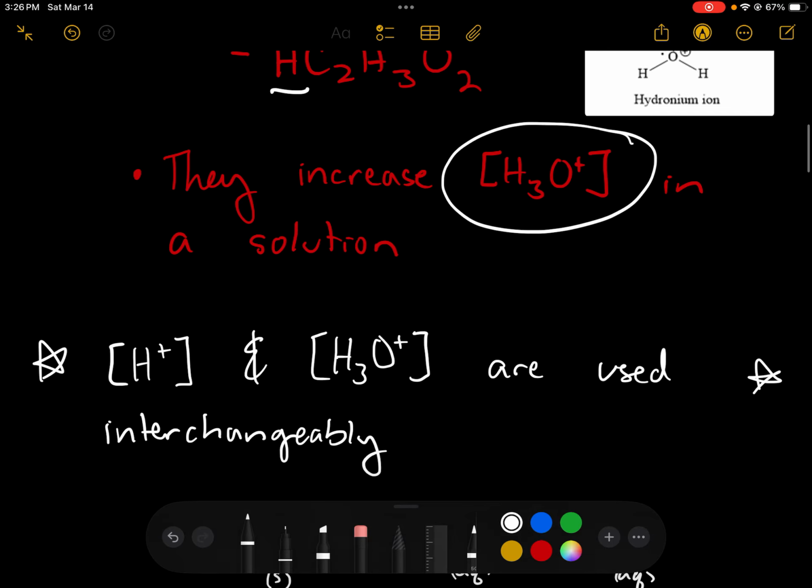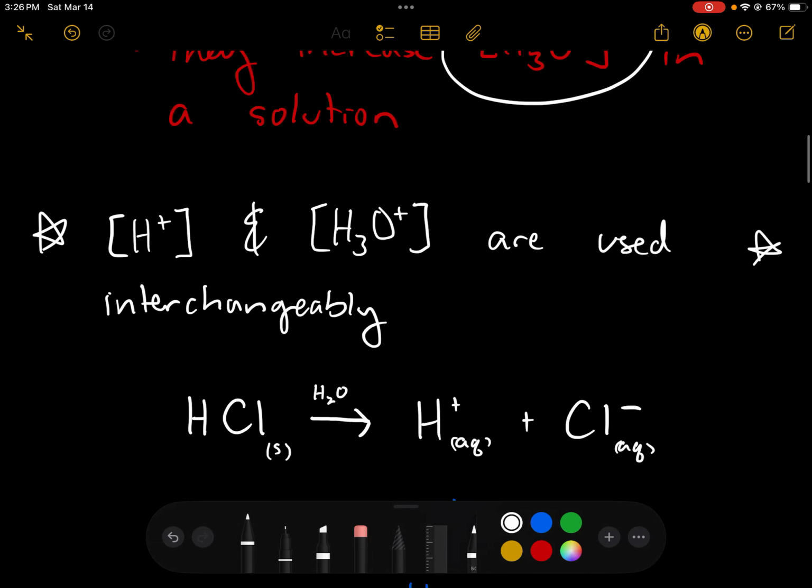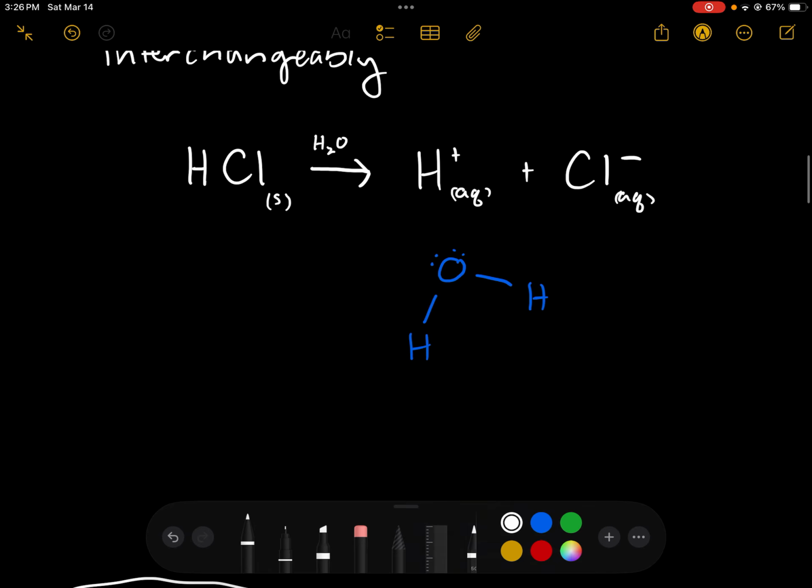All right? And oftentimes when we talk about acids, H+ concentration and H3O+ concentration are going to be used mostly interchangeably, and I will show you why. So if you have an Arrhenius acid, say hydrochloric acid like this one, when you introduce it into water, it's going to split up into a hydrogen ion and a chloride ion, right? But as soon as that hydrogen ion enters water, all those water molecules, remember, they're polar, so they have a partially negative end here.